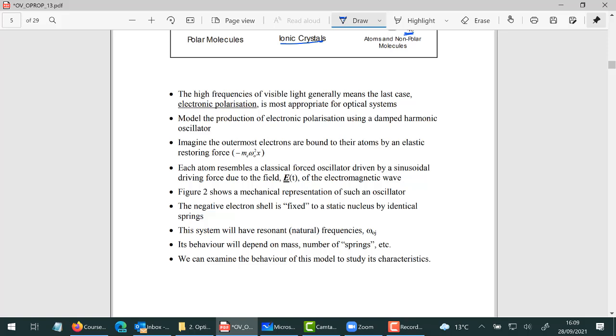So we can conceive of this as being like a classical driven damped oscillator. And we will assume that each electron is bound to the nucleus by some imaginary tiny little spring, and its restoring force will be dependent on the mass of the electron, the resonance frequency that it has for that spring, and the distance that it's being stretched.